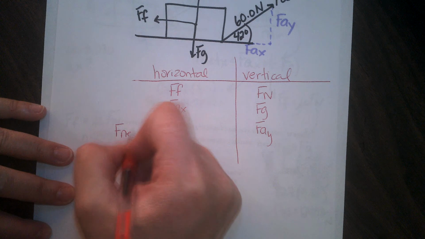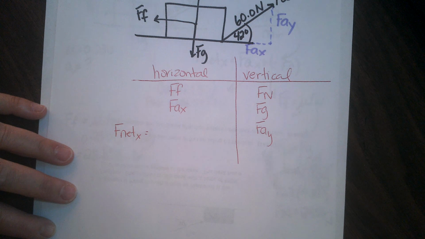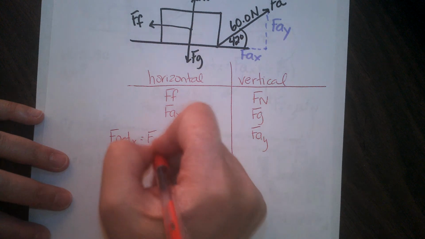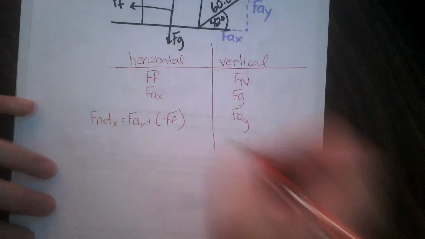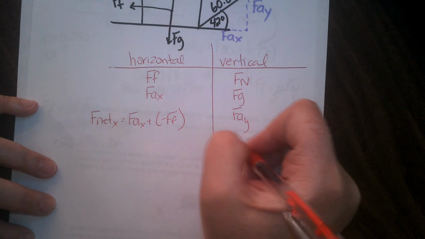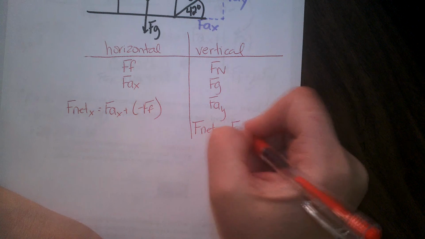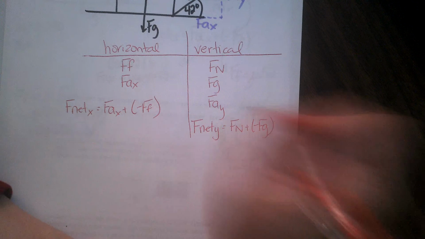When we look at force net X, what would we write here? How would we set up this particular formula? If I was looking here, what would I say for force net Y? What about this guy here?